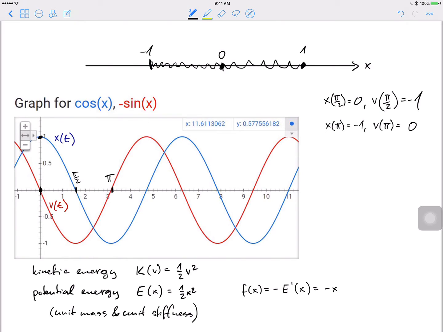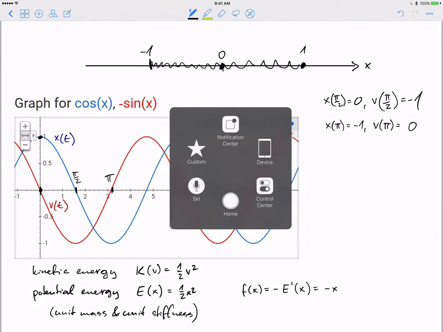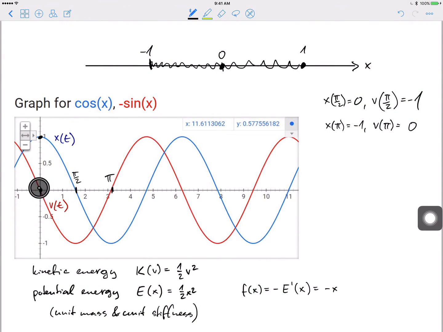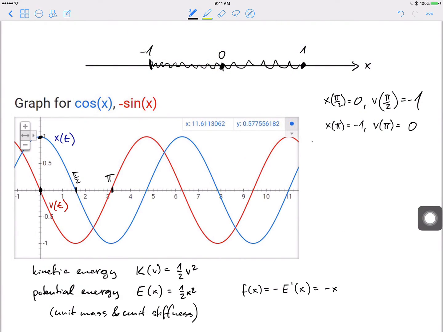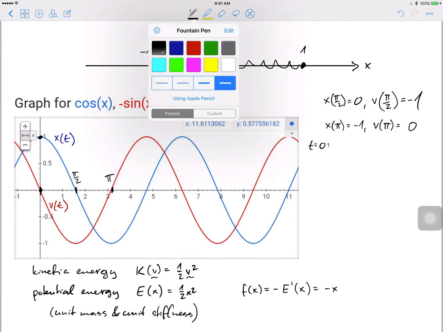All right. So now let's take a look at what these energies do. What are the potential and kinetic energies here at t equals 0? Let me even write it down. By the way, the v is always understood as a function of time.